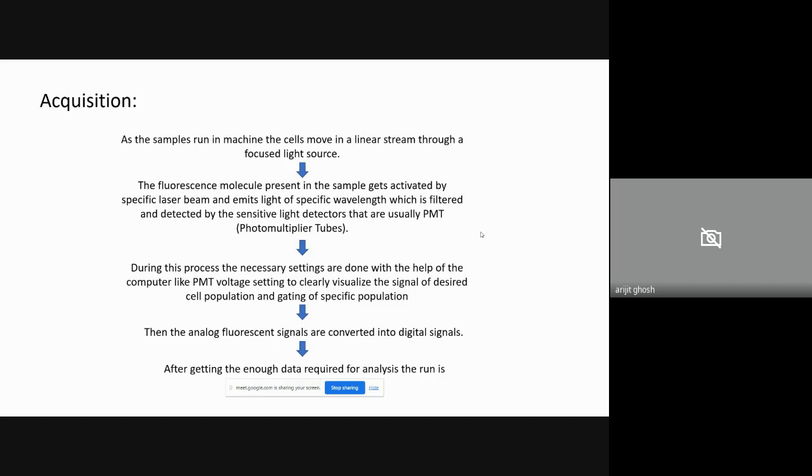So these types of settings we need to do at that time.